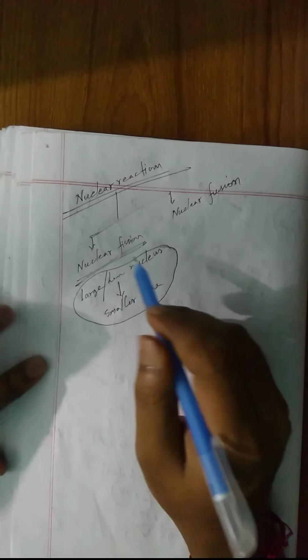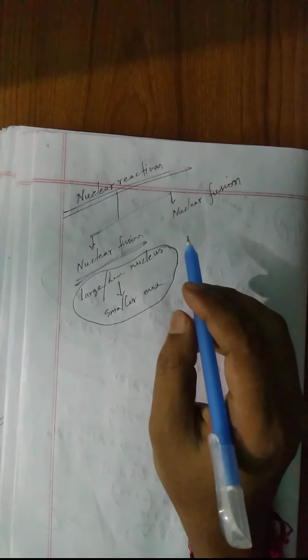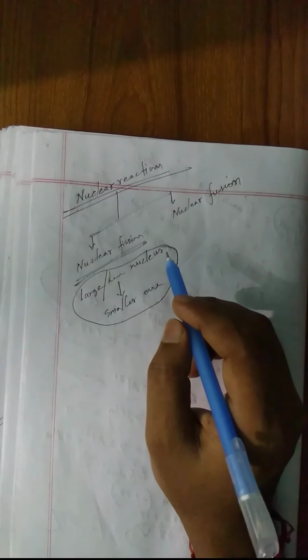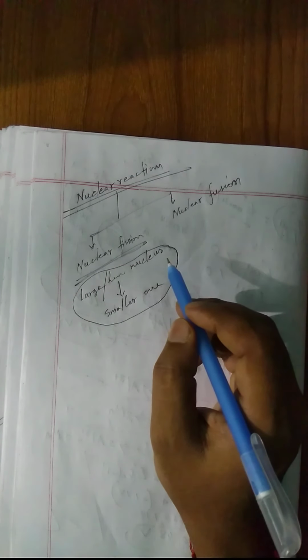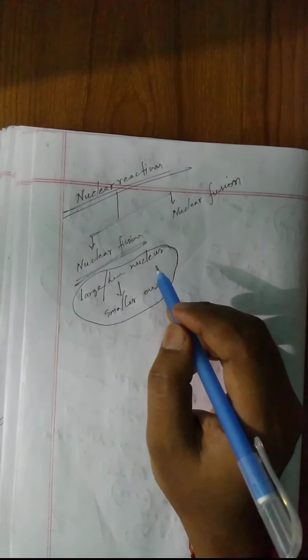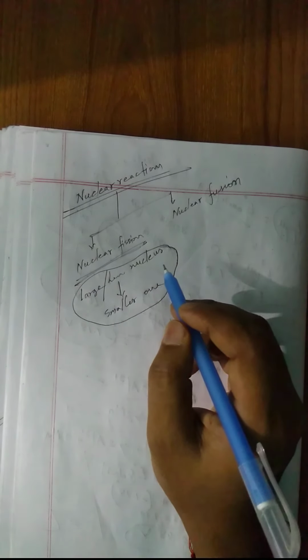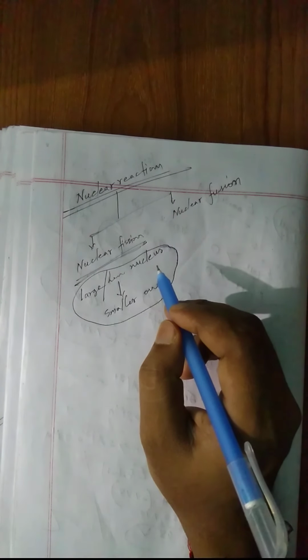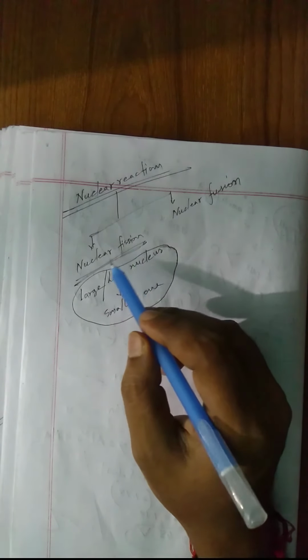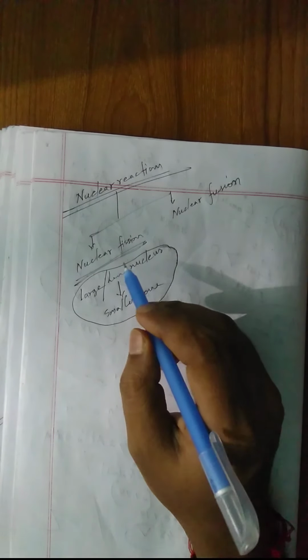So the nuclear reaction in which the nucleus of a large and heavy element is broken into smaller elements is called a nuclear fission reaction.